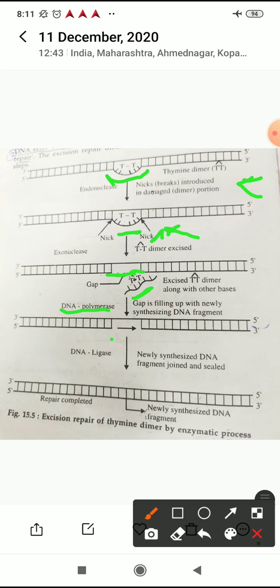So DNA polymerase is responsible for filling the gap created due to the excised thymine dimer here.